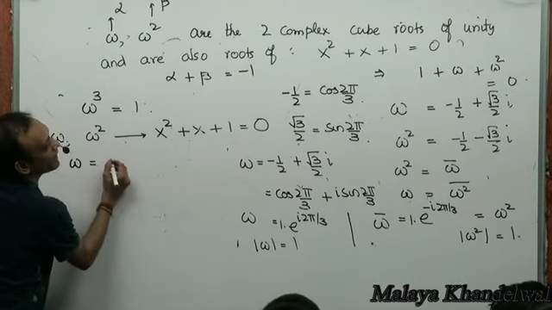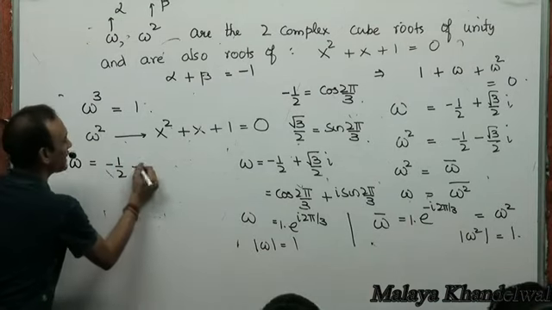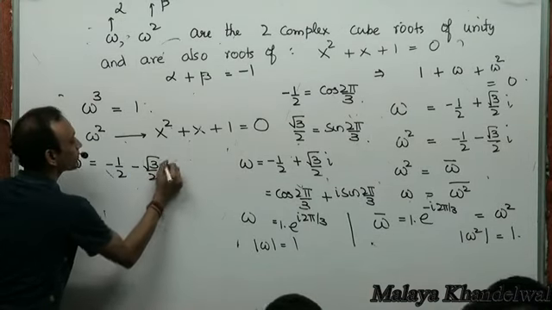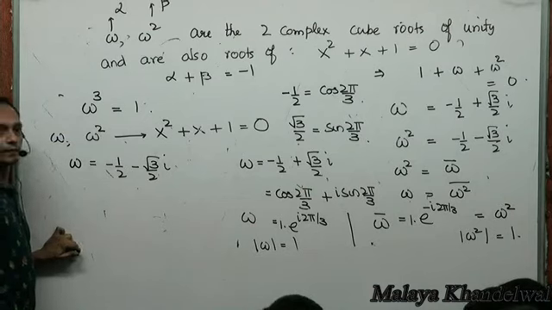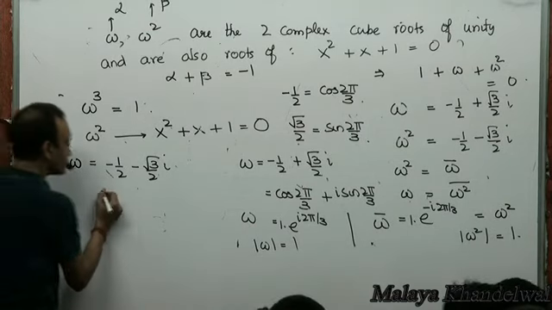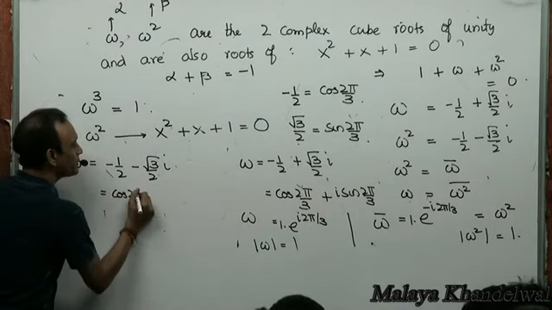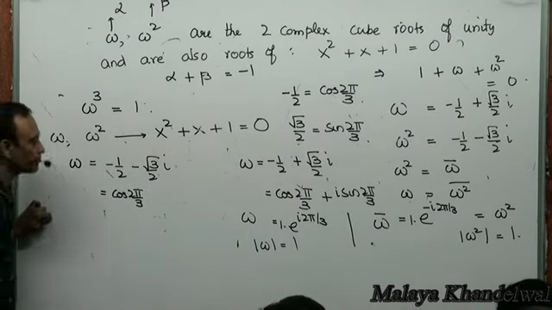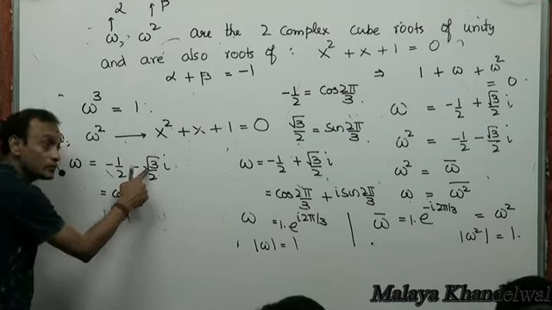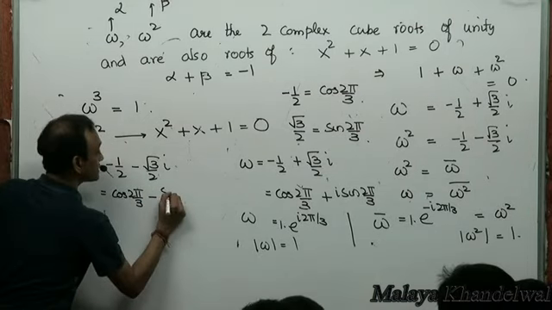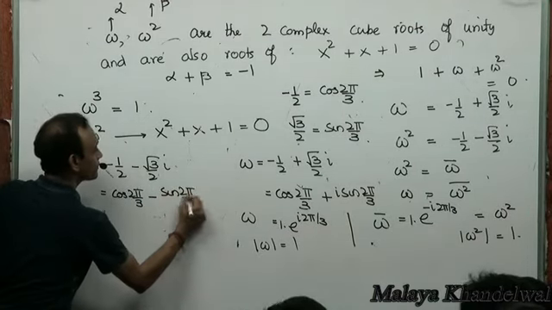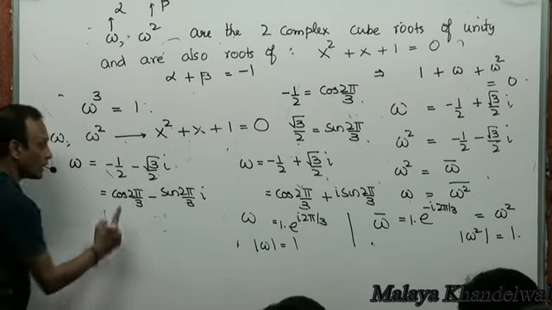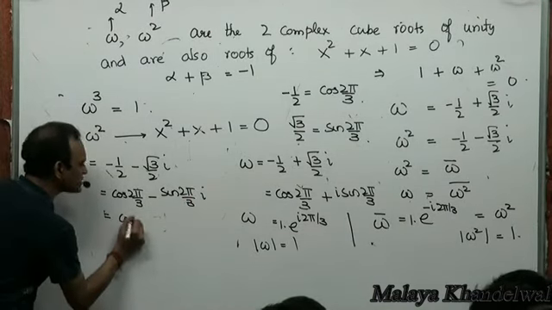Suppose I took omega as minus half minus root 3 by 2 i. This is cos 2 pi by 3 and minus sine 2 pi by 3 i. Now, cos theta is the same as cos minus theta.